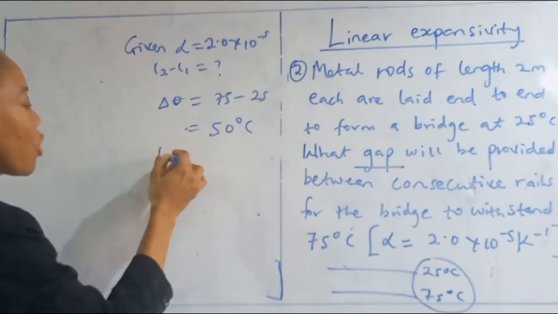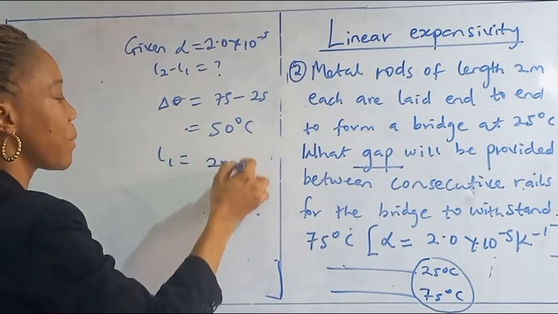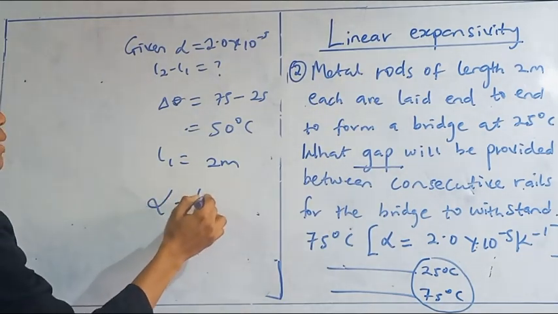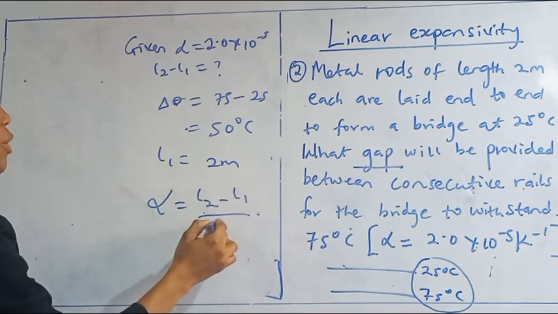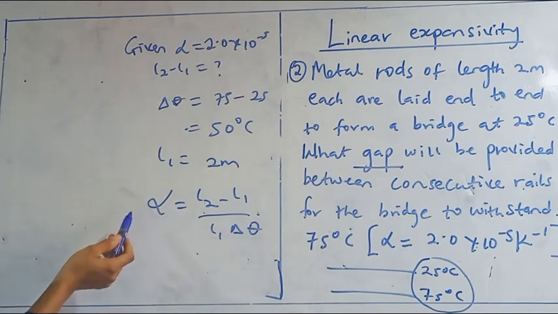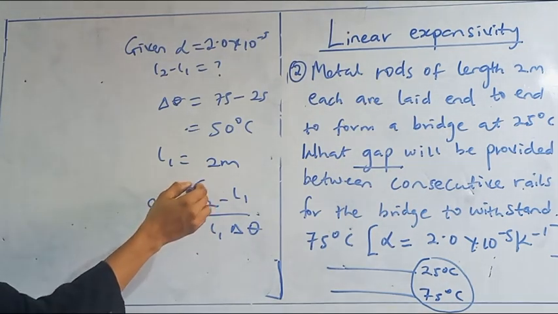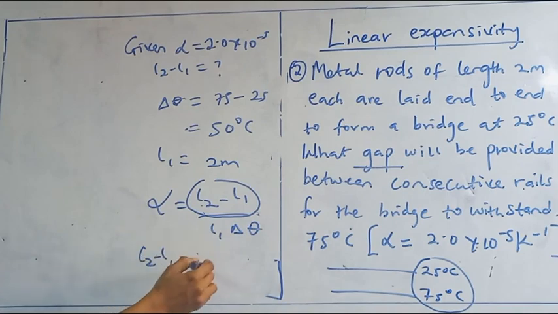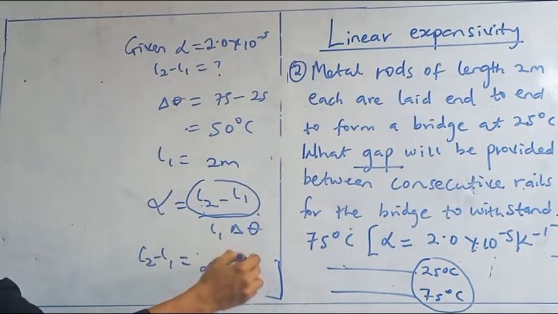The original length is given as 2 meters. So we apply our formula that linear expansivity is L2 minus L1 over L1 change in theta. To get the safety gap, which is L2 minus L1, that gives us alpha L1 change in theta.